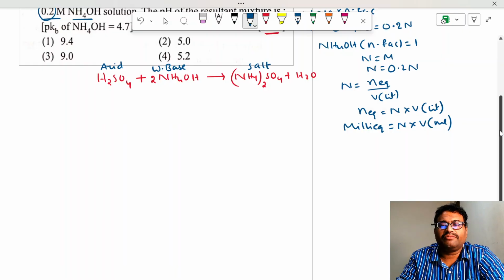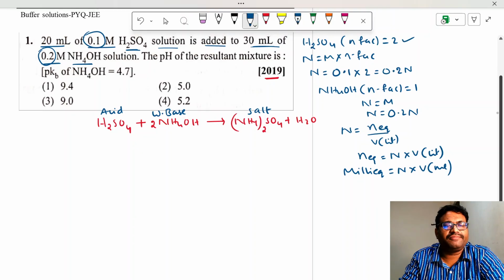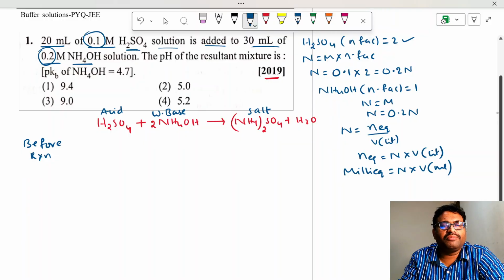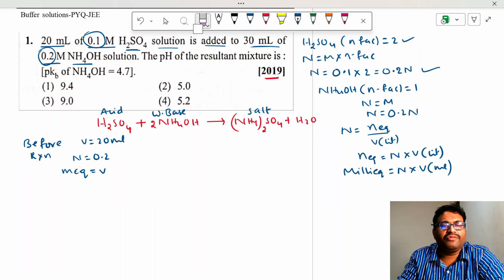Now, how to solve this problem? Before the reaction, when they are taken individually, what is the volume given here? Volume is 20 ml and the normality, as we have just seen, is 0.2. Milliequivalents, MEQ, is normality into volume in milliliters.